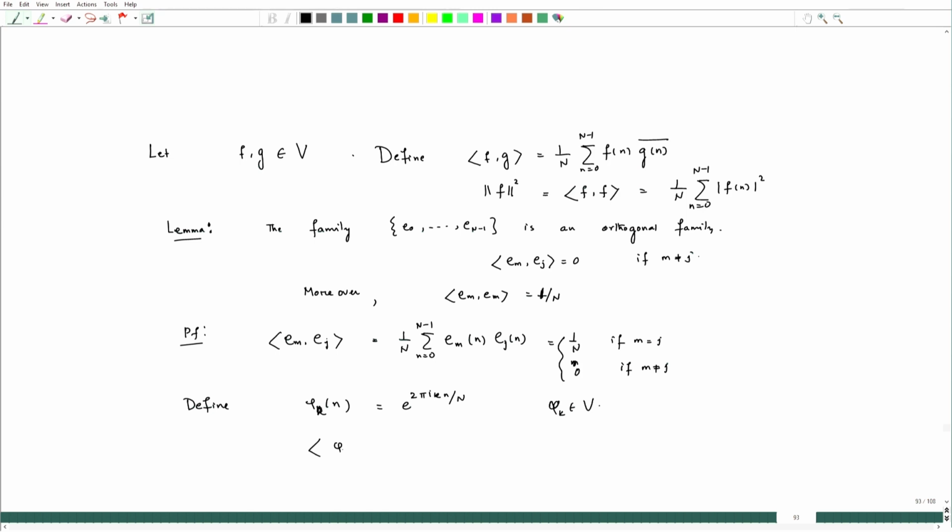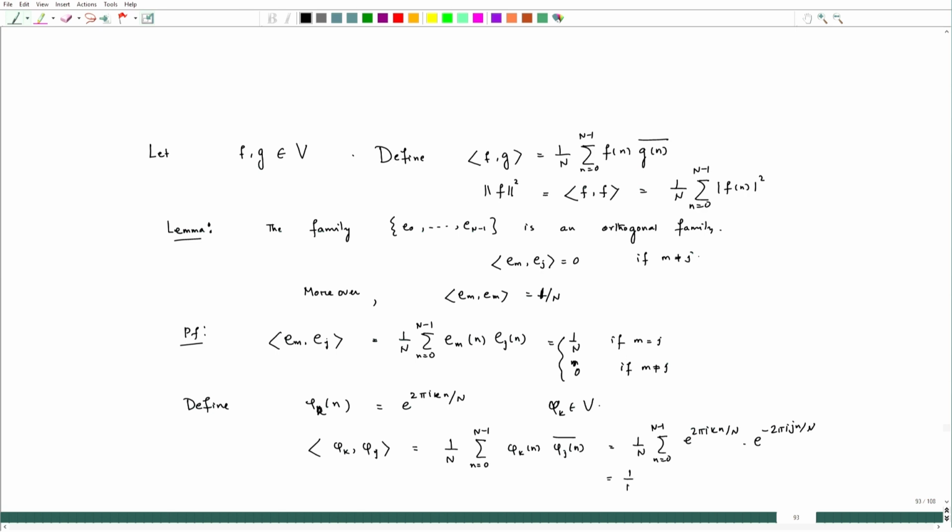Now, if I take (phi_k, phi_j), this is equal to, by definition, 1 by n summation over n equal to 0 to n minus 1 of phi_k(n) times phi_j(n) bar, which is equal to 1 by n summation of e to the power 2 pi i k n by n into e to the power minus 2 pi i j n by n.